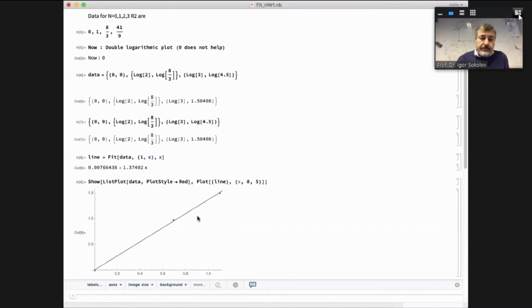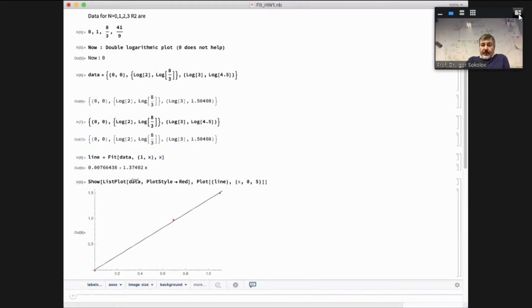Now I put the numbers here, and these are the points. This is essentially what I wanted to draw. Here I have log n, and here I have log r squared. These are the numbers. So you see, they do not exactly lie on a straight line. They don't have to, because the straight line is the asymptotic behavior.